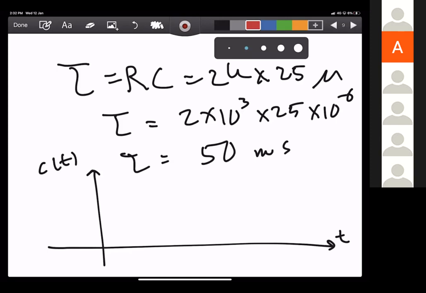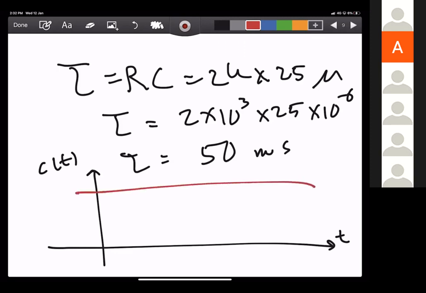Input berapa? Najwa lagi satu. Input dia berapa?